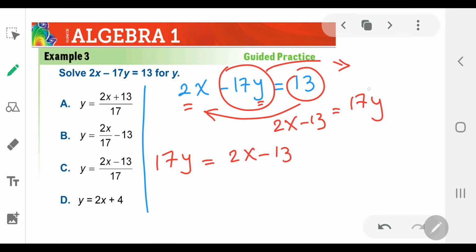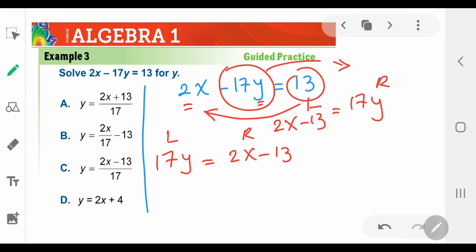I did nothing. I just made the right-hand side on the left-hand side and the left-hand side on the right-hand side. They are still equal. 2x minus 13 is equal to 17y, exactly similar to 17y equals 2x minus 13.